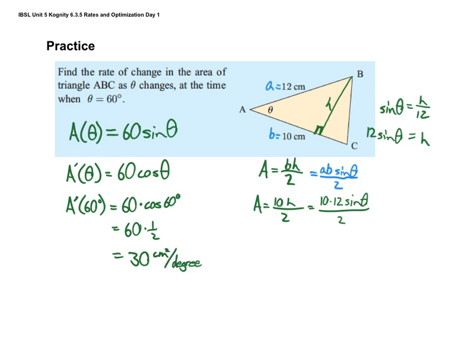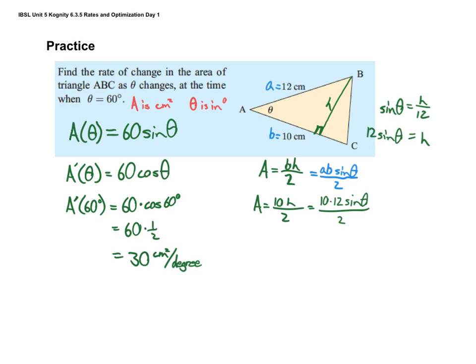Now, how do we come up with that? Remember, slope is rise over run. The rise is the y coordinates, and in this case, the y coordinates represent area. The area was in centimeters squared. The angle is in degrees.